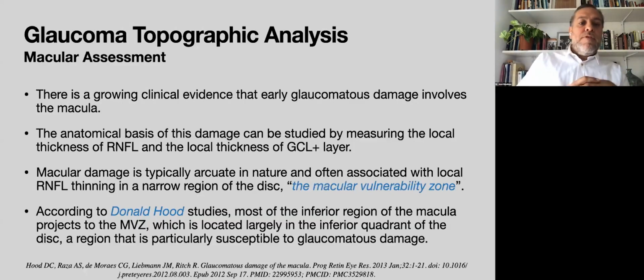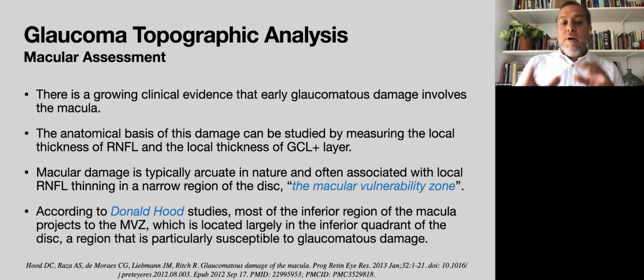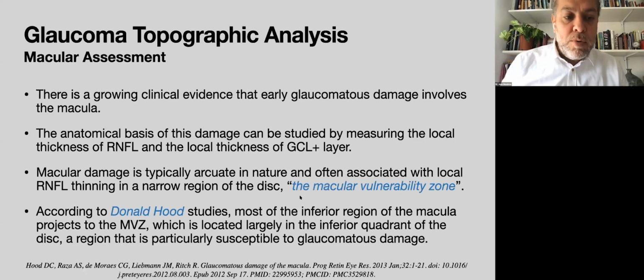That being said, there is growing clinical evidence that early glaucomatous damage involves the macula. The anatomical basis of this damage can be studied by measuring the local thickness of the RNFL and the local thickness of the GCL layers on the macula. This macular damage is typically arcuate also, not only the one from the RNFL, but also the one located on the macula. And here we're talking about the macular vulnerability zone.